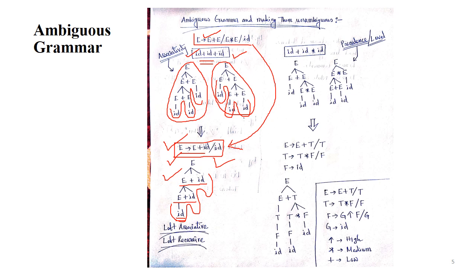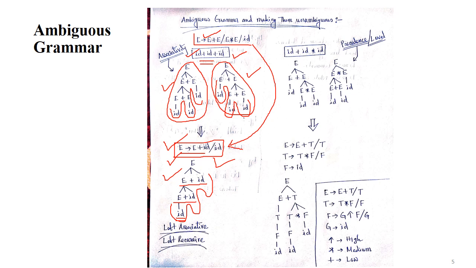Now, in this example, focus on the input string id + id + id. We know plus is a left associative operator, isn't it? If I apply any one of these two parse trees, because of the plus operator, both parse trees will generate the correct output.